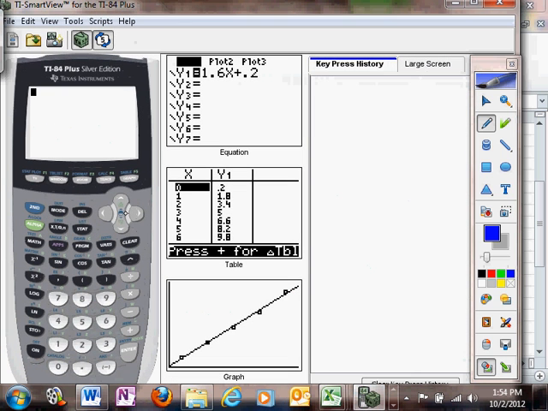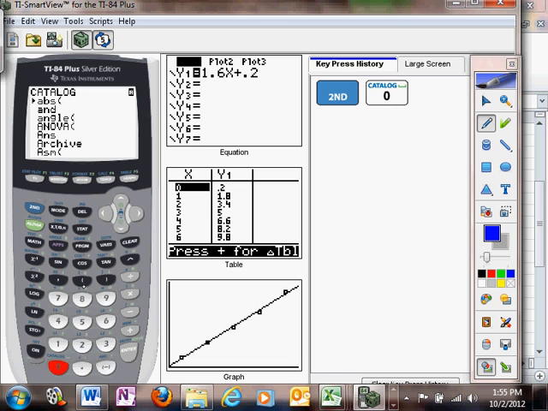Let's just deal with it right here. If I'm going to find my correlation coefficient R, I have to turn the diagnostics on my calculator. If you hit second 0, it brings up the catalog, and you want to scroll all the way down until you find diagnostics on.